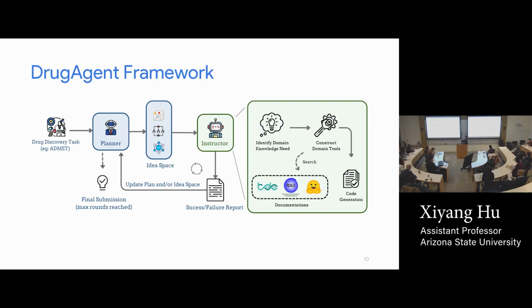The instructor is able to run the executable Python code on its own, generate the experiment report, and send the report back to the planner. The planner then analyzes the report and makes suggestions for refined next-step solution ideas. Then we start the next step to improve the solution code.